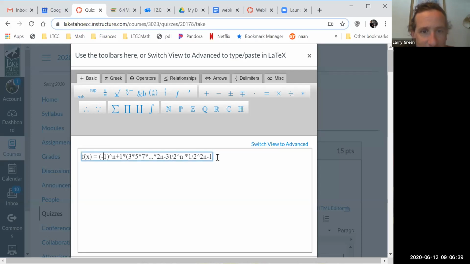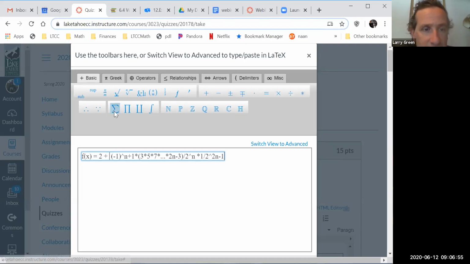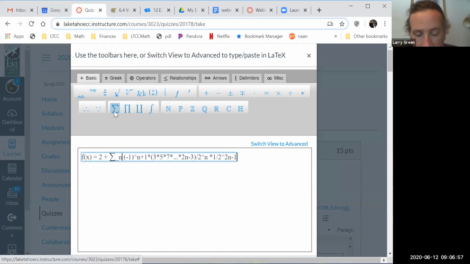Okay, so f of x equals, I'm going to redo this. Summation, and we had a 2 plus summation, sub n equals 1 to infinity.